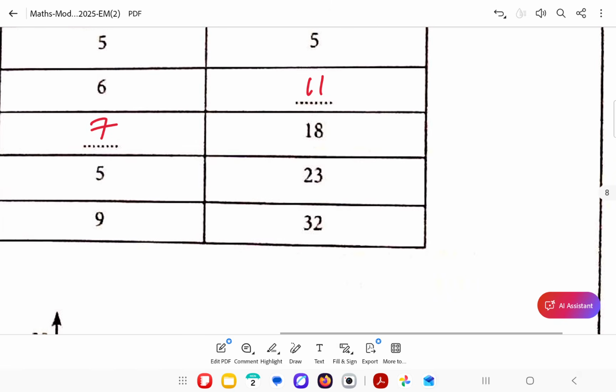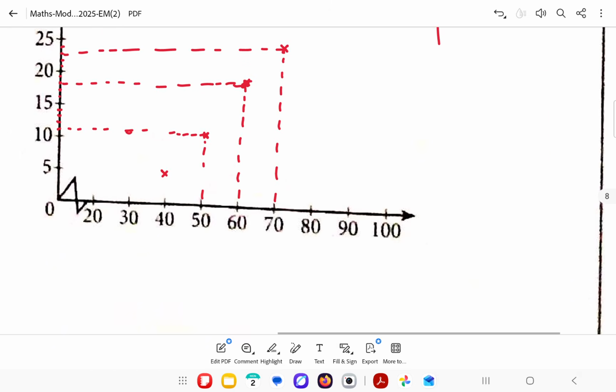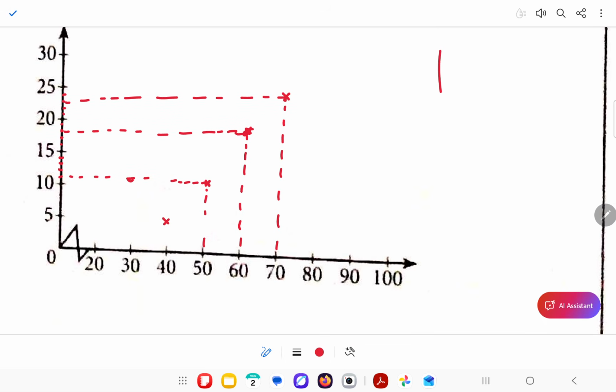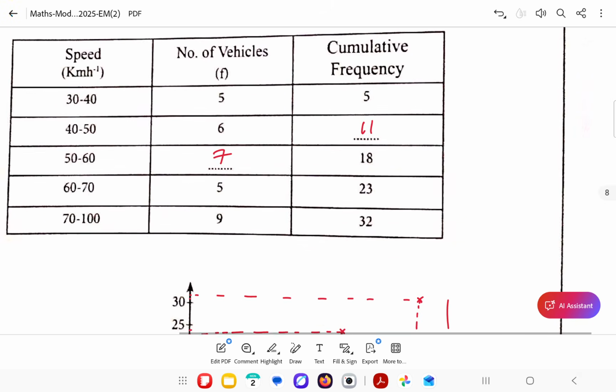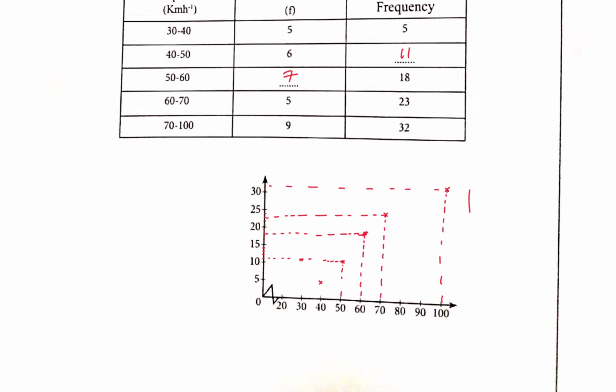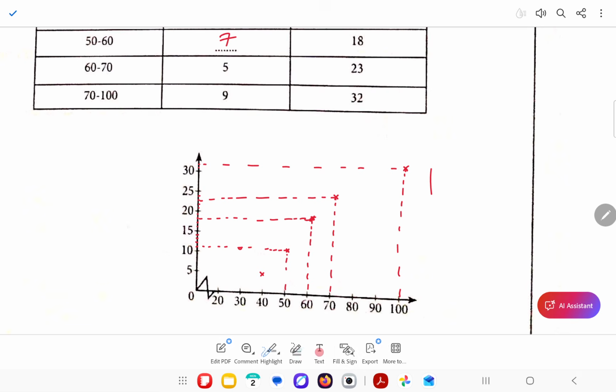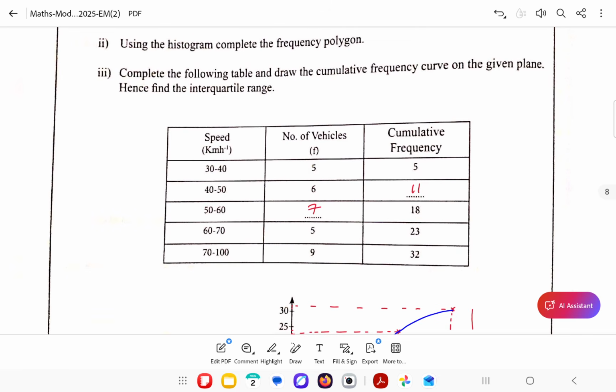And at 100 you want 32. 31, 32. Right, so there's the cumulative frequency curve.